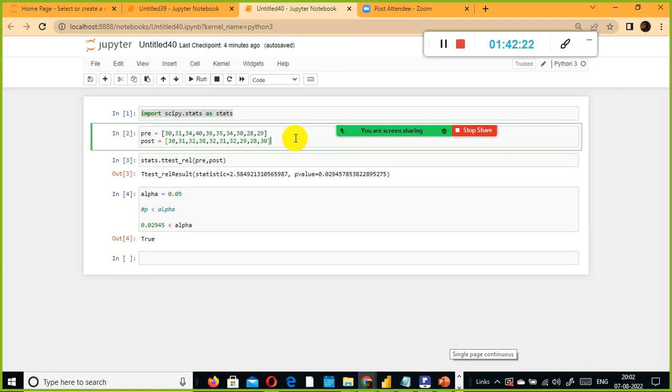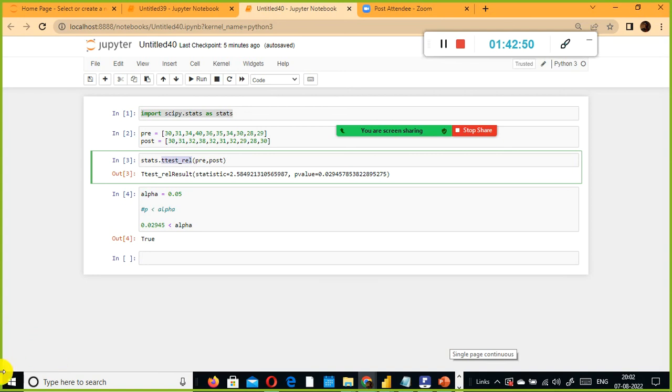We use it for ttest_rel, and we have something else called ttest_1samp, that is for the one sample t-test. Sorry, ttest_ind, independent. Let's say you think these two samples are completely different, mutually exclusive or independent.